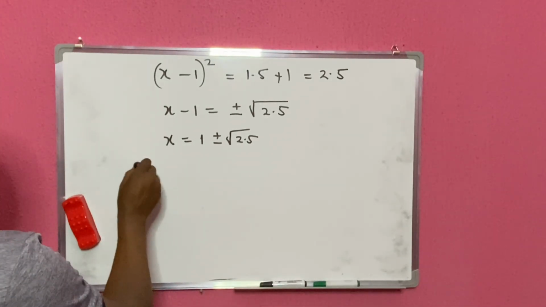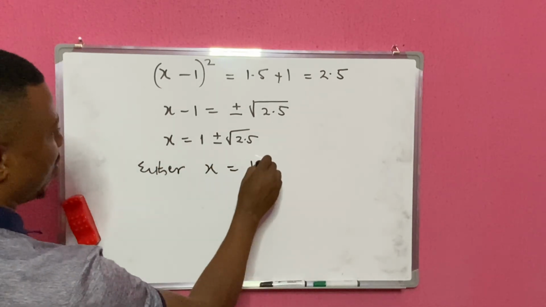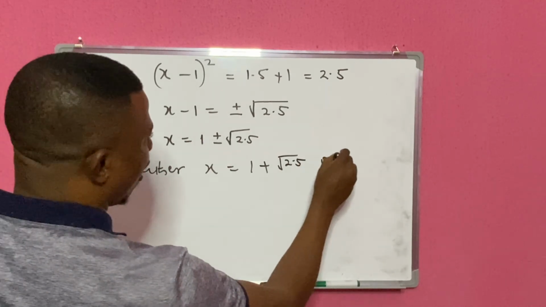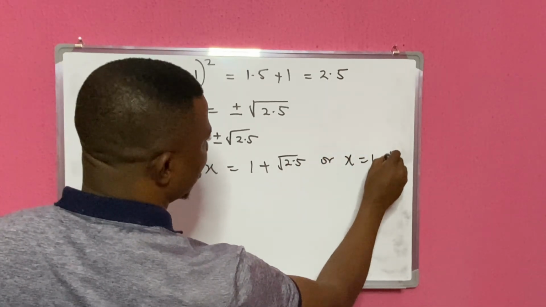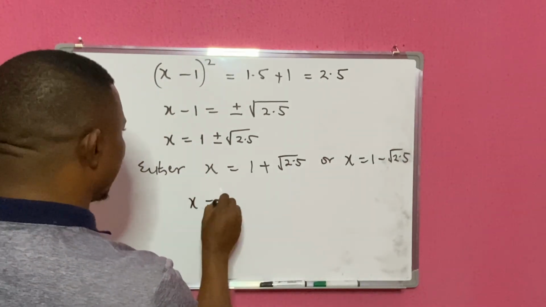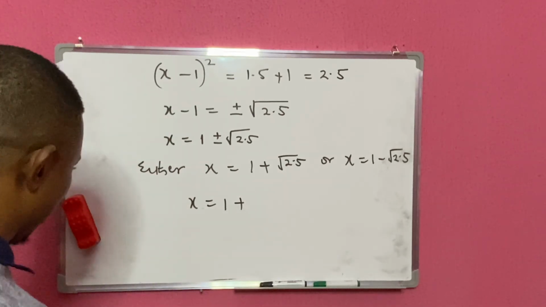Then either our x is 1 plus root 2.5, or our x is 1 minus root 2.5. So x is equal to 1 plus, what is root 2.5?